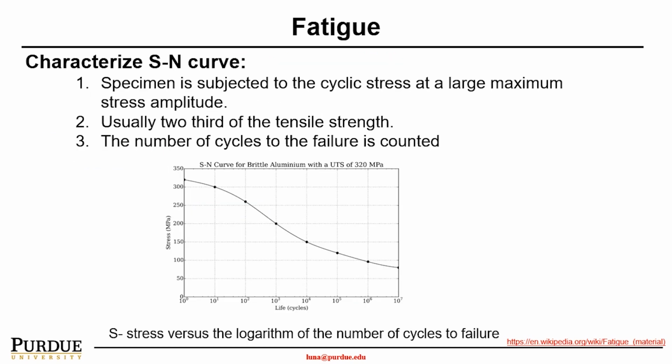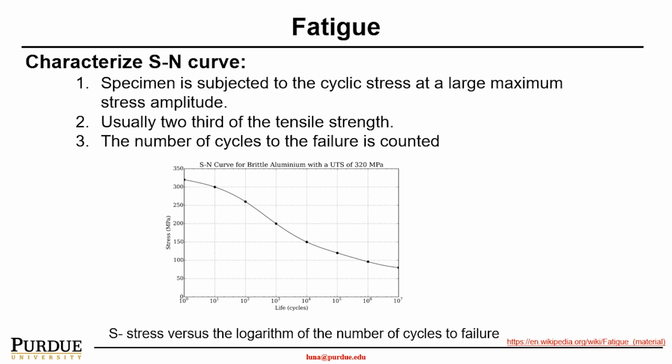The characterization of the fatigue is what we call the S-N curve. S is the amplitude of the stress, and N is the number of cycles at the logarithm scale.